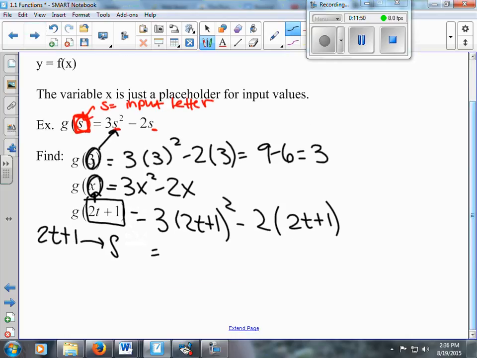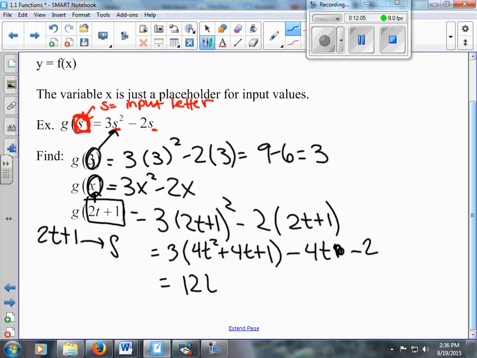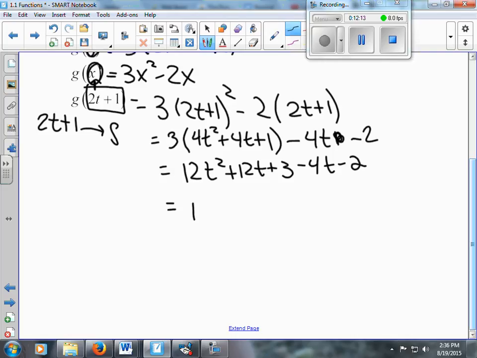Okay, so that would be 3 times 4t squared plus 4t plus 1. I did that foiling in my head. Minus 4t, and I'm going to distribute my negative, minus 2. So this is 12t squared plus 12t plus 3 minus 4t minus 2. And that simplifies to 12t squared plus 8t plus 1.